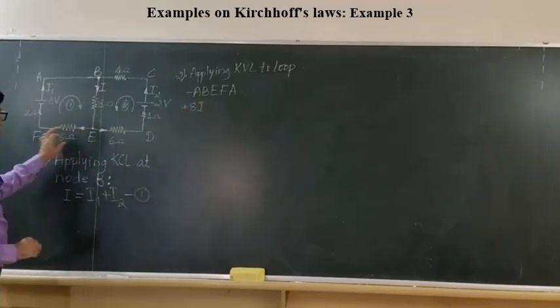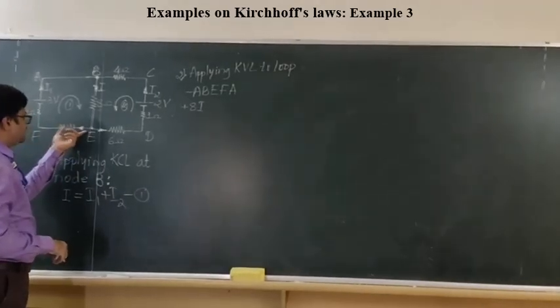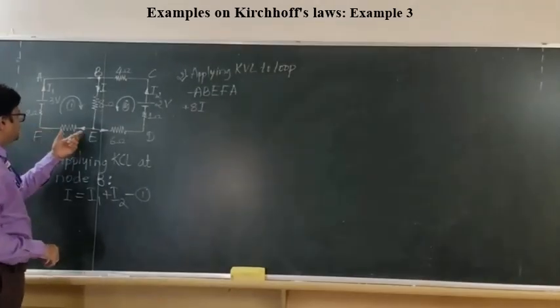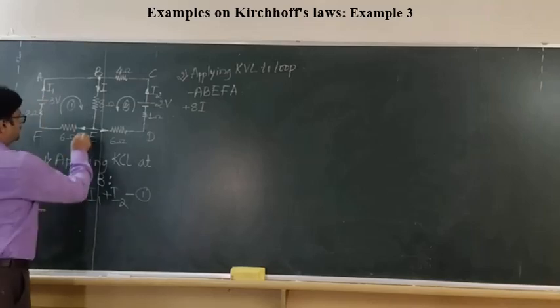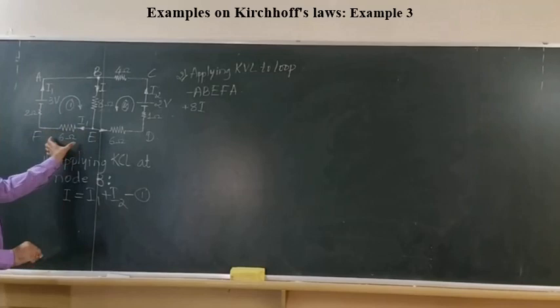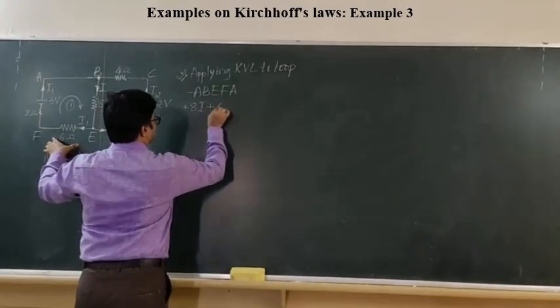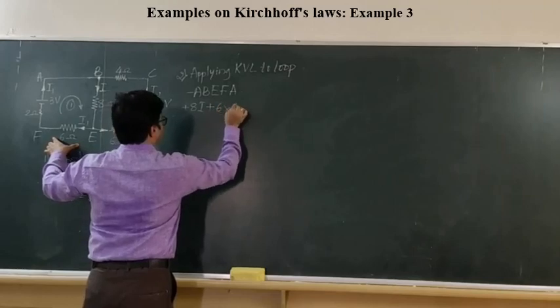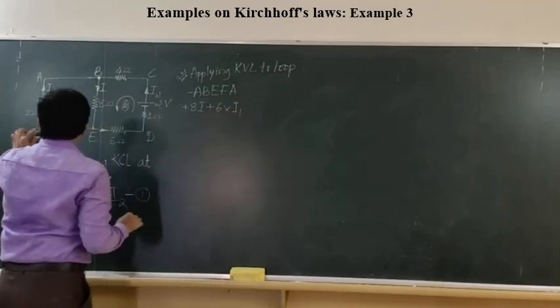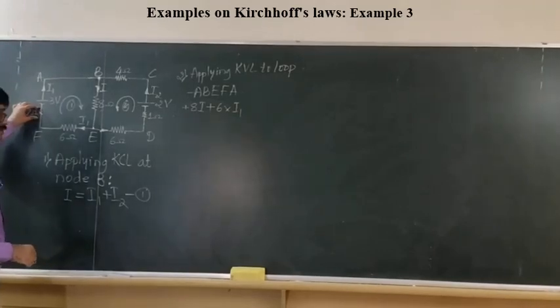Then from E to F we are encountering the 6 ohm resistance. The direction of traverse is E to F, and the current direction, that is I1, is also from E to F. So again the potential difference across 6 ohm should be positive, plus 6 into I1. Then when I am traveling from F to A, I encounter the 2 ohm internal resistance.